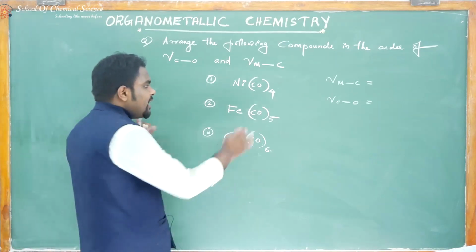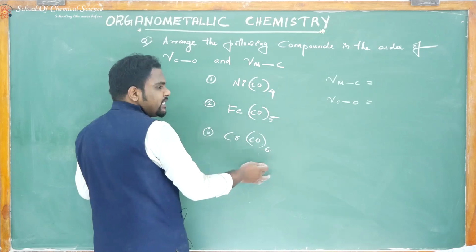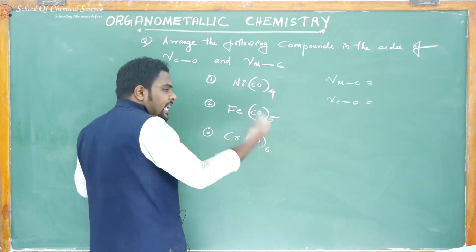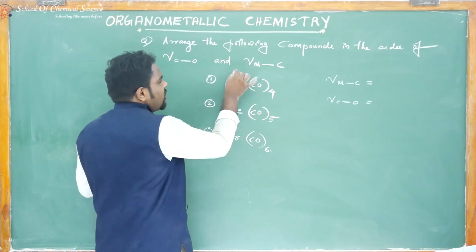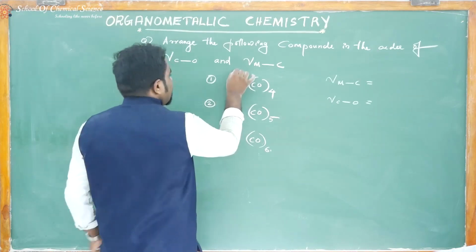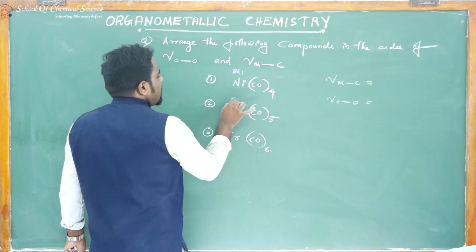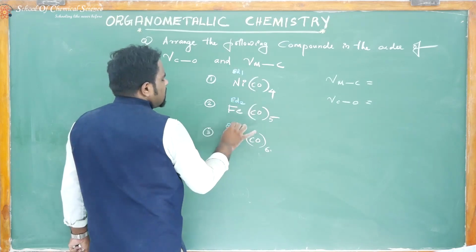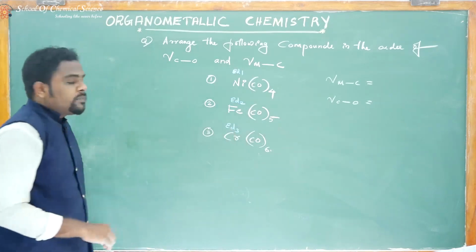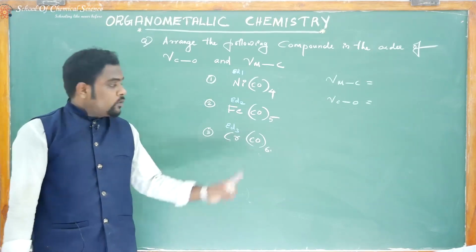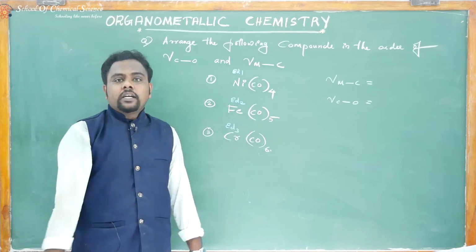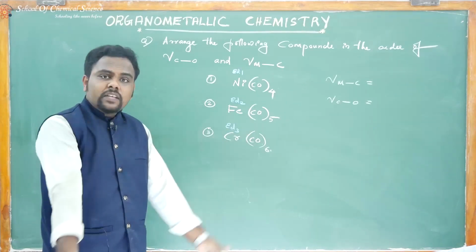So definitely here 4 ligands, 5 ligands, 6 ligands. These ligands will donate electrons to the metal. Suppose this is electron density 1, this is electron density 2, this is electron density 3. Which metal has higher electron density, nickel or iron or chromium? Chromium is surrounded by 6 ligands, so definitely its electron density will be high.